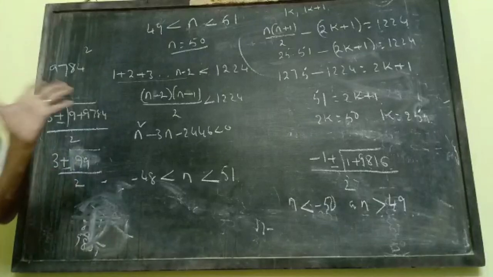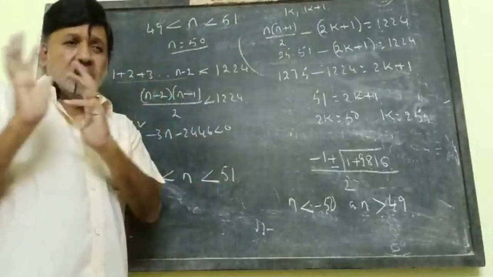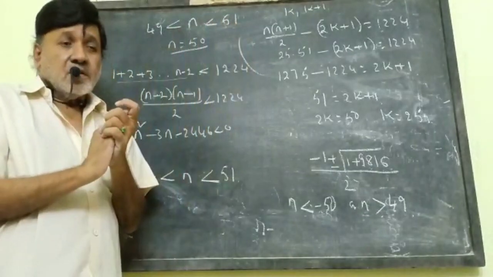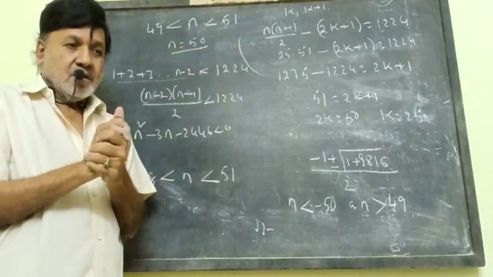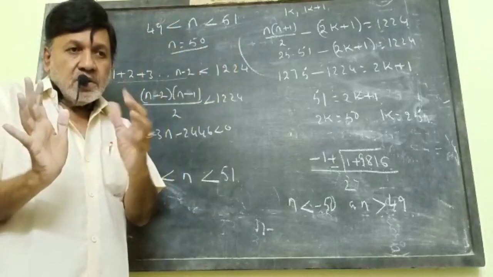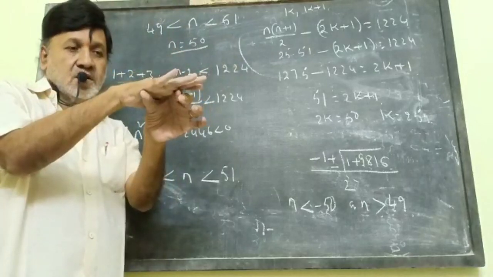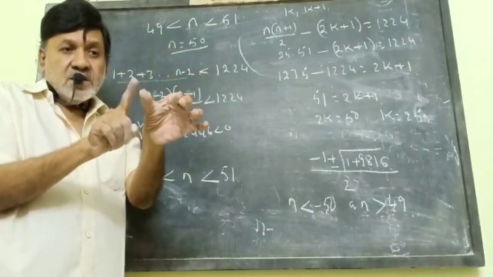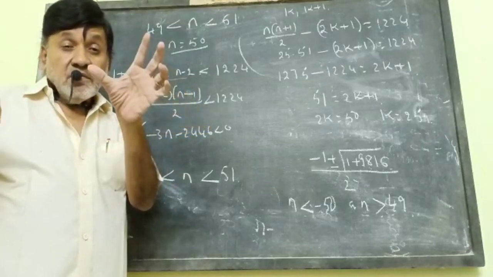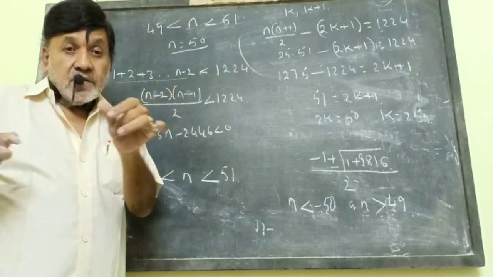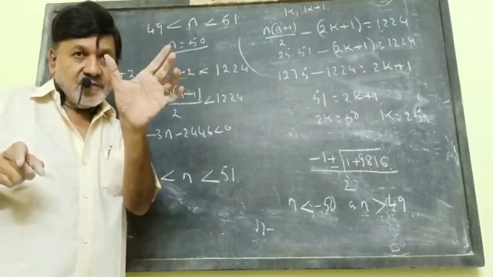See, the crucial step here is the following. 1, 2, 3 up to n numbers are there. You removed k and k plus 1 in between. Then the sum happens to be 1224. This is definitely greater than the sum you get when you remove the biggest numbers, that is n minus 1 and n.